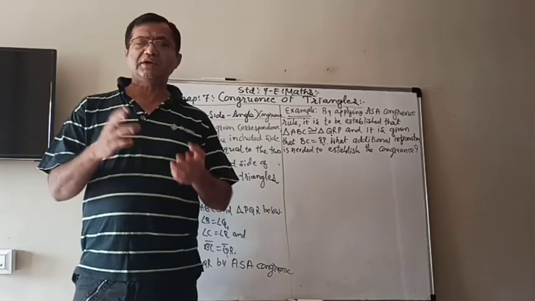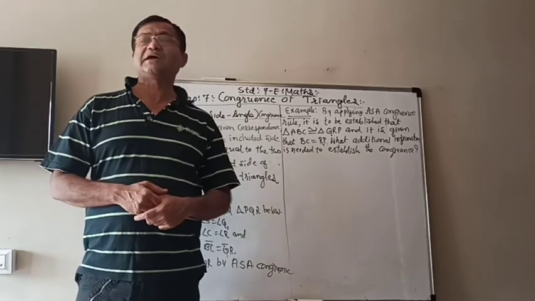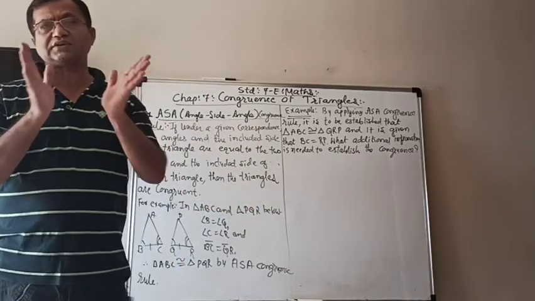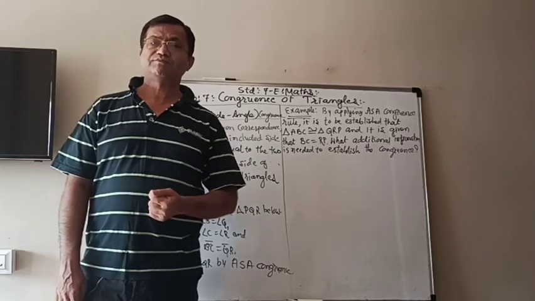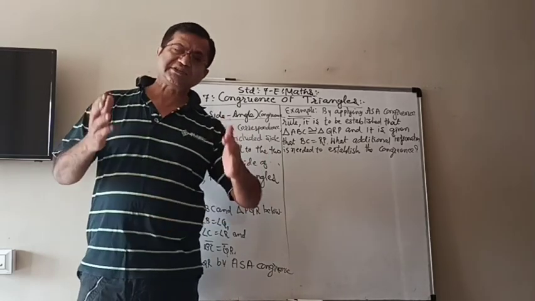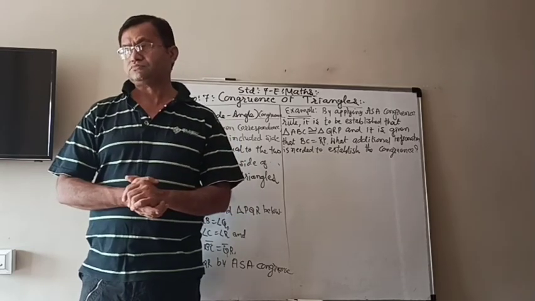Similarly, we learned the other one, SAS, side angle side, in which two sides and the angle included between them were used, and according to that we established the congruence of the triangles.